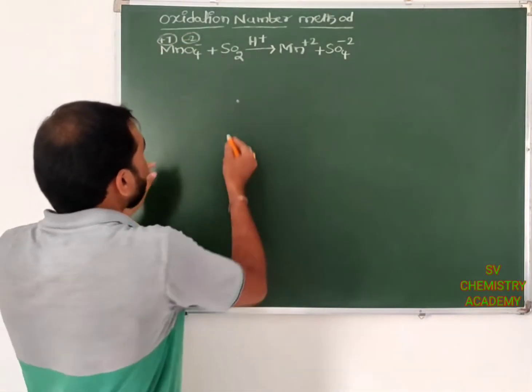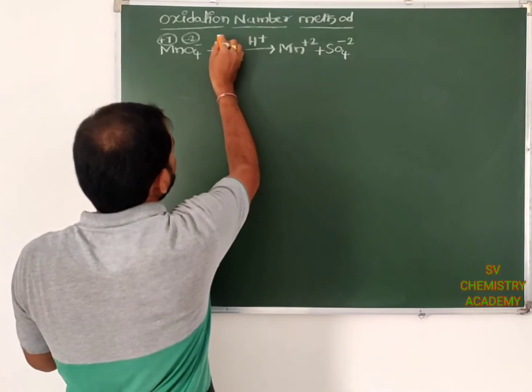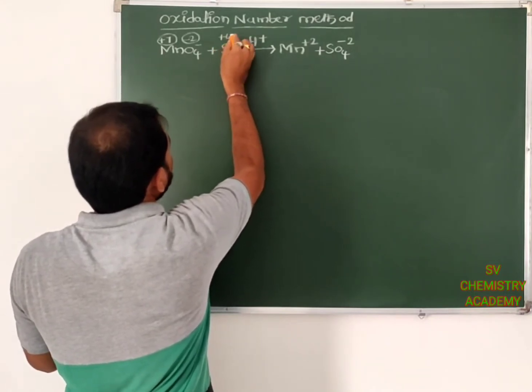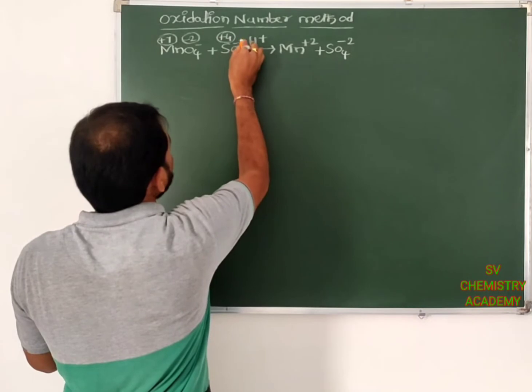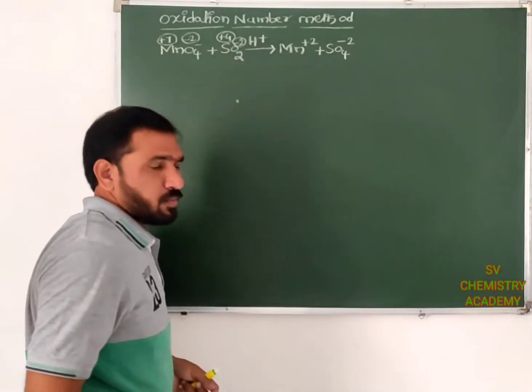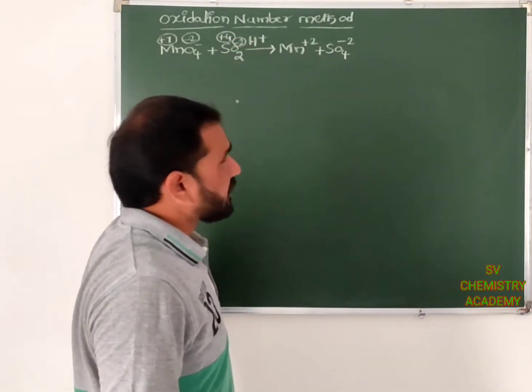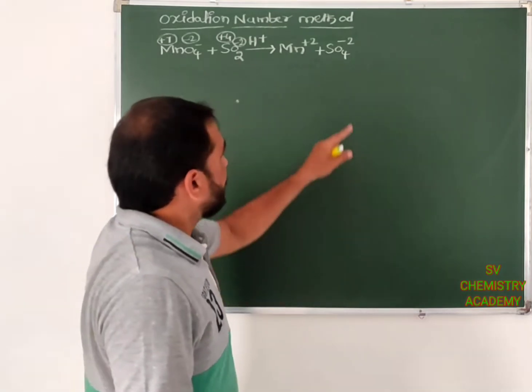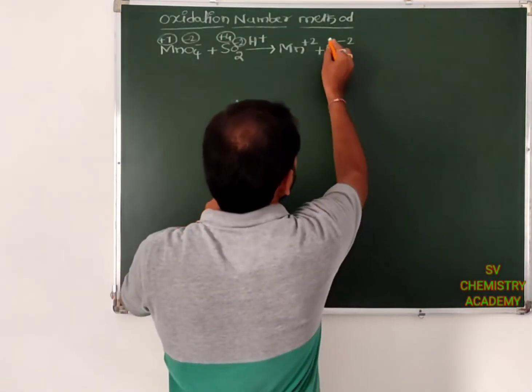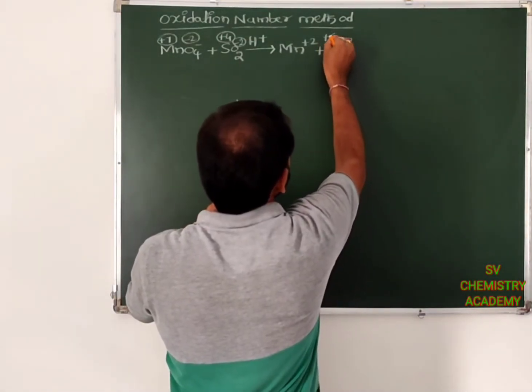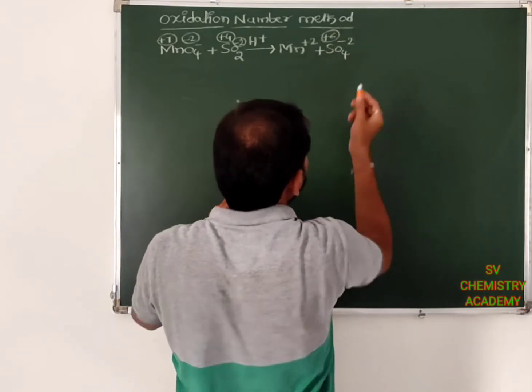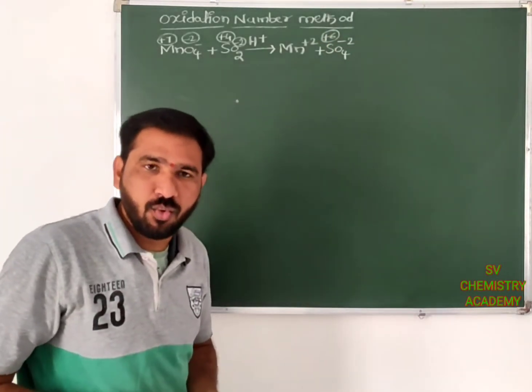Then the oxidation state of sulfur is plus 4 here, and oxygen oxidation state is minus 2. On the right side, the manganese oxidation state is already given. Then in SO4 minus 2, the sulfur oxidation state is plus 6. The oxygen oxidation state is minus 2 only.